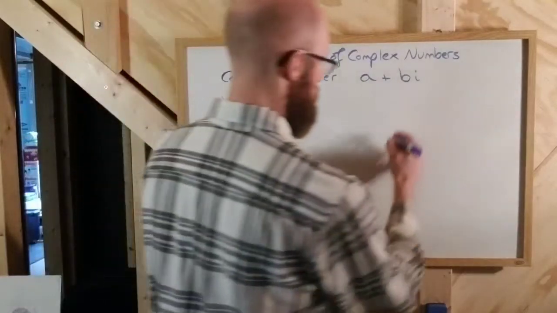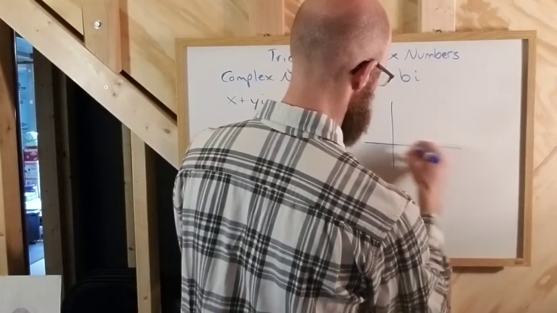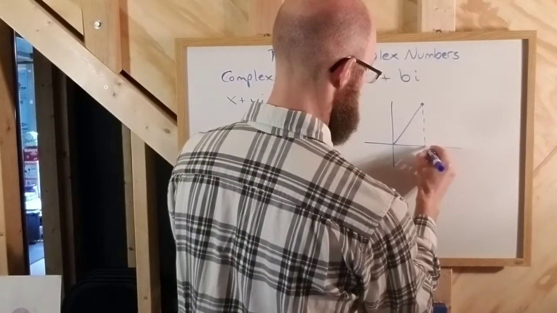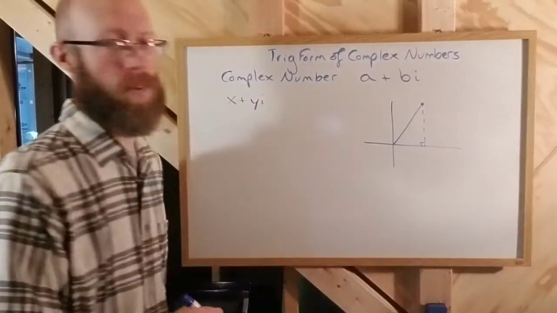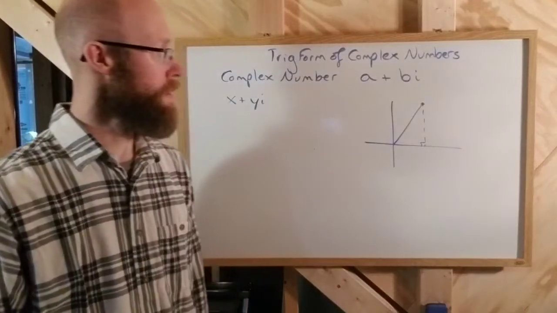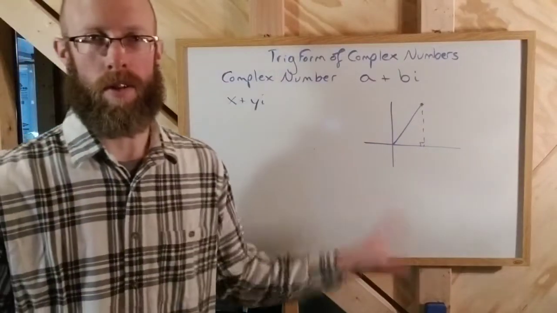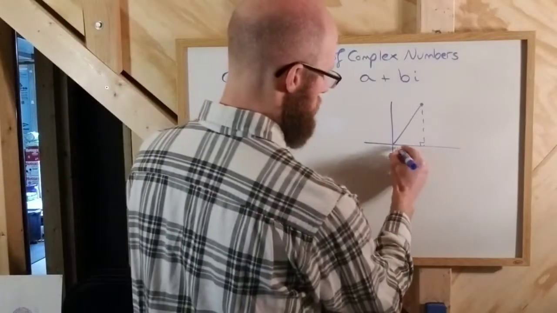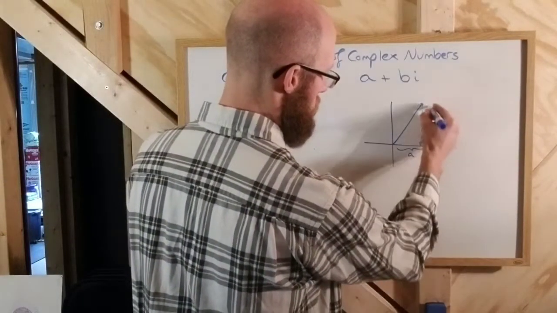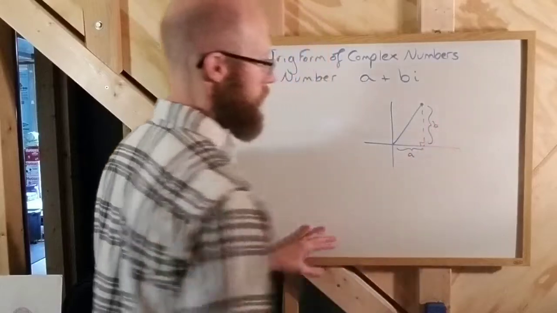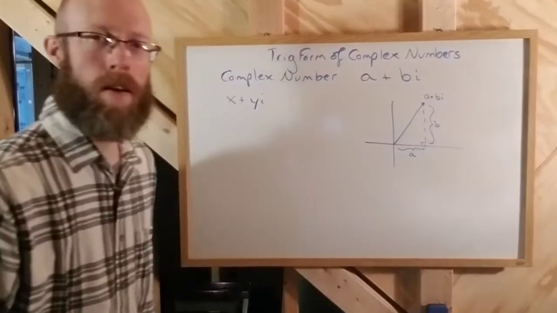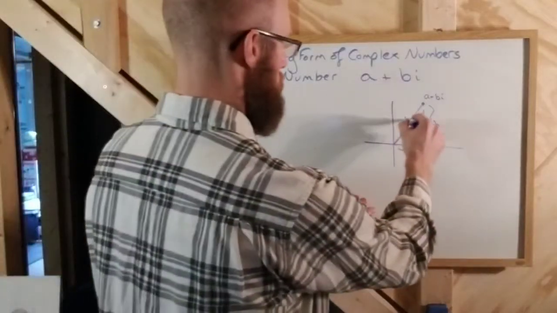So when you are dealing with a complex number, and this is just a general one now in the first quadrant, but we could put that in any quadrant, doesn't matter where it's at. You have the a value as one of the sides, the b value as the other one, and a plus bi as the point, r is the hypotenuse.